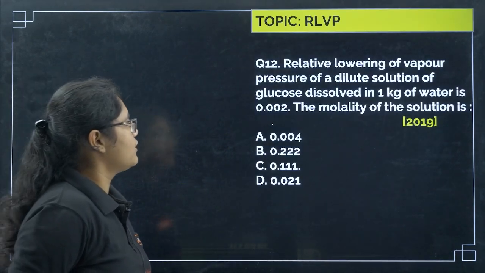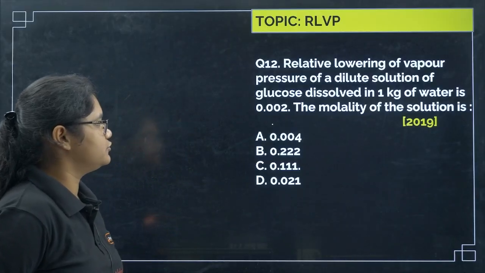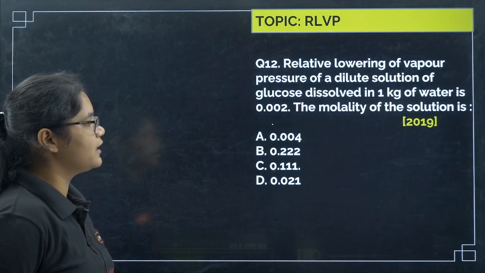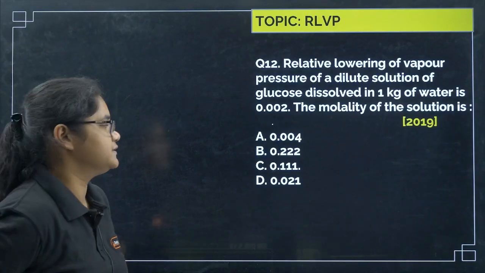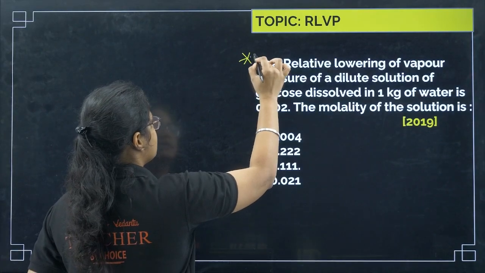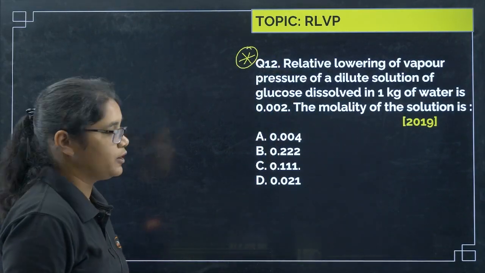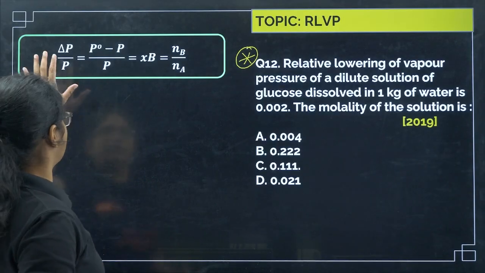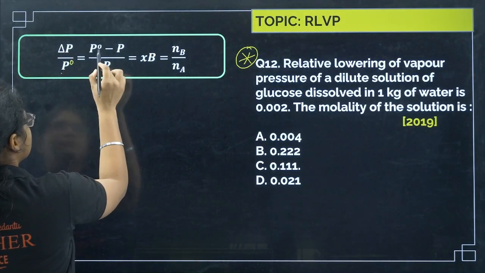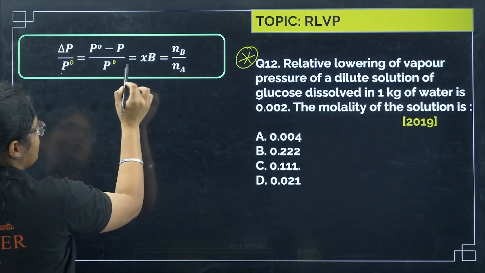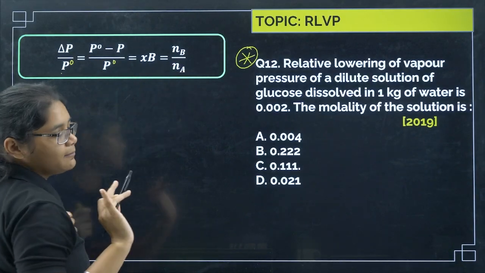Next, the relative lowering of vapor pressure of a dilute solution of glucose dissolved in 1 kg of water is 0.002. The molality of the solution is? This is an important question, and here I will introduce you to a new formula. We know that relative lowering of vapor pressure is delta P by P naught, which is equal to P naught minus P by P naught, which is equal to XB, which is equal to NB by NA, right?